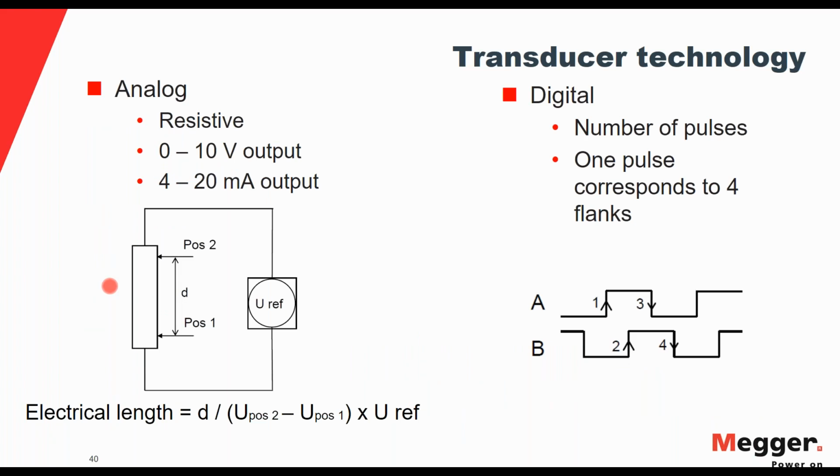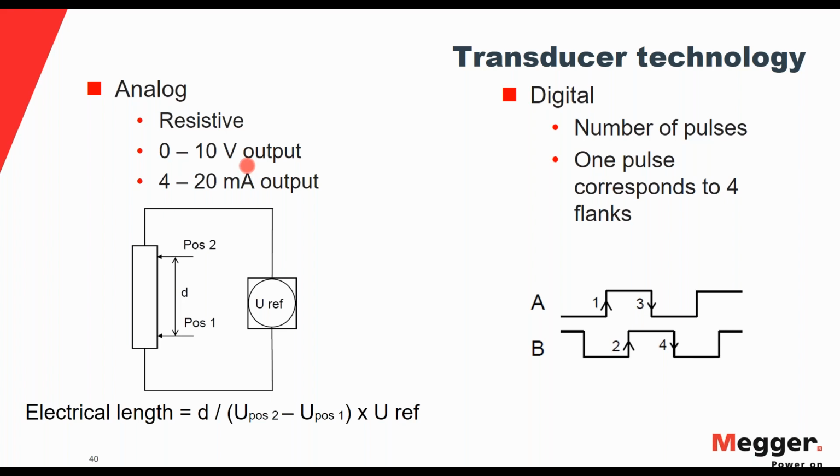The transducer could be defined by different technologies. This is the electrical signal coming out of the transducer. It could be an analog signal as a resistive. You can measure the resistance of the transducer as a motion. It's the same as RTDs, used to measure heat by a resistor, or as a voltage output from 0 to 10 volt. I can measure it depending on the position of the transducer.